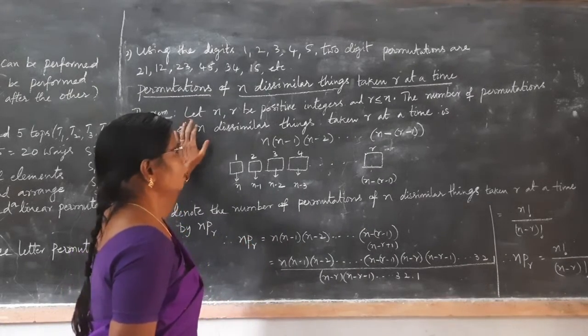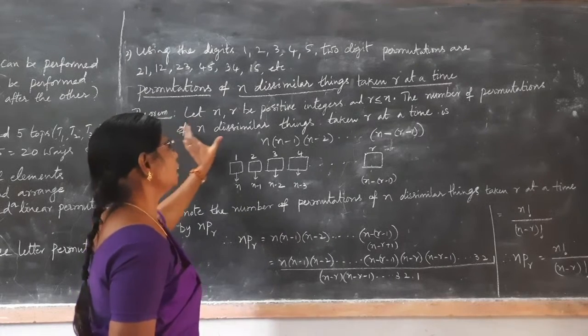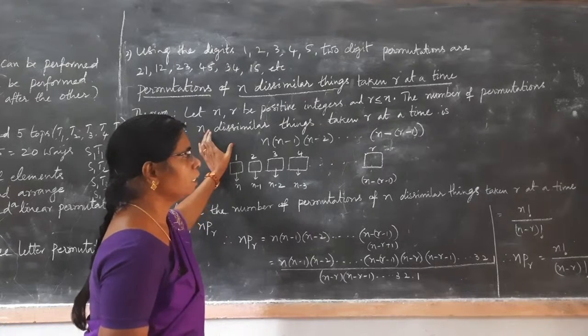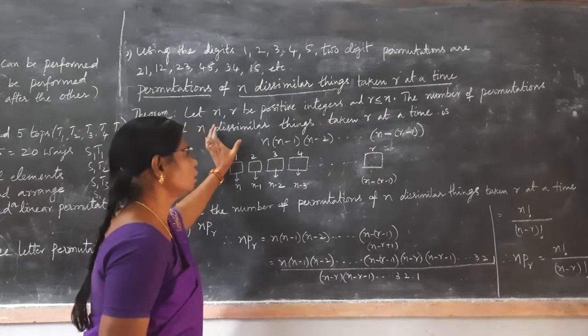So okay, the number of permutations of n dissimilar things taken r at a time is, the number of permutations obtained by taking r things from n dissimilar things.